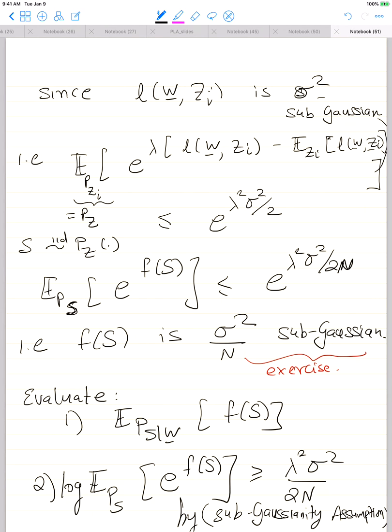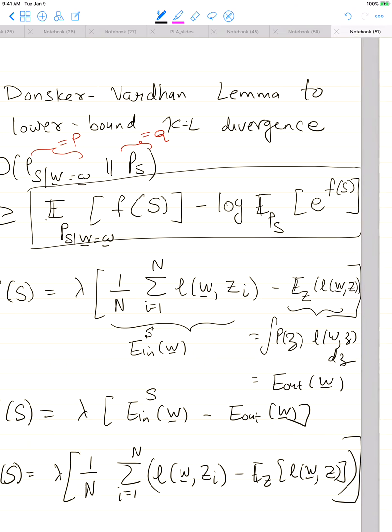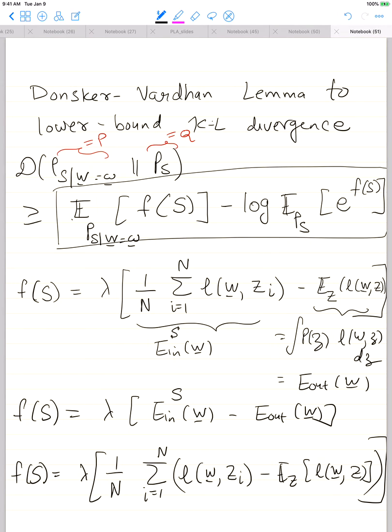For the first term, we are in luck because this is the difference between E in S of W and E out of W. This is the first term, right? F of S, we showed by definition, is the difference between the training error and the test error.